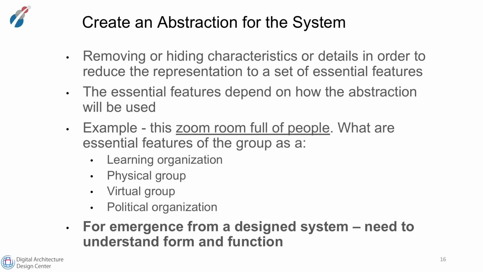And we focus on the essential features to create an abstraction. This abstraction is used to design the system, to operate the system, to analyze failures of the system. And there is more than one correct abstraction of a system. In fact, there are probably infinitely many abstractions of a system that you can think of.